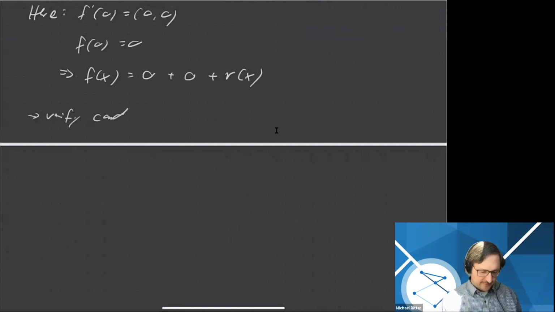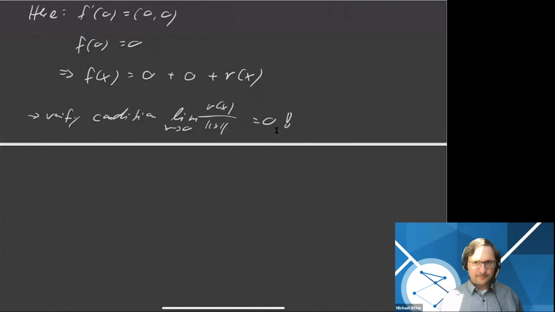So we're now verifying the condition that the limit of r of x divided by the norm of x goes to 0. Or in this case, we're going to falsify that actually. And to do that, of course, that limit needs to hold no matter how we approach that 0, whether we approach it on a line or on a spiral or some irregular way, that should not matter.